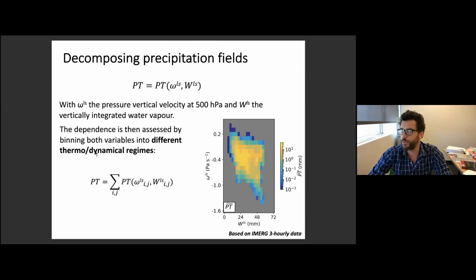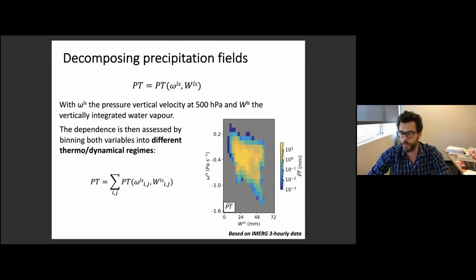So, for example, in a given region, or for a given grid point, you can bin in terms of omega and in terms of vertically integrated water vapor, and we can put in each bin the total precipitation that we obtain.